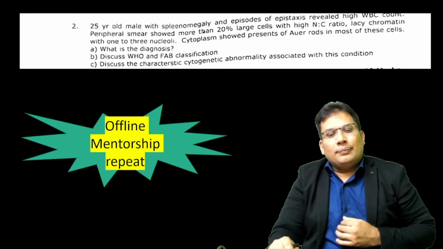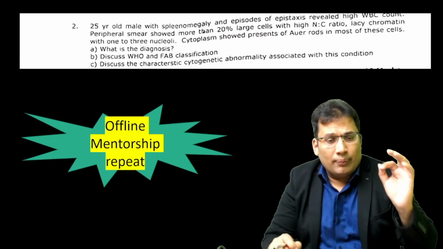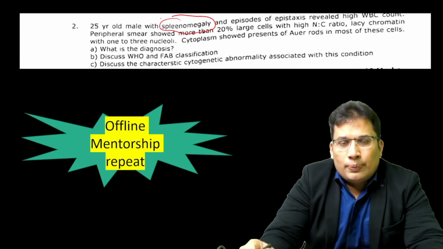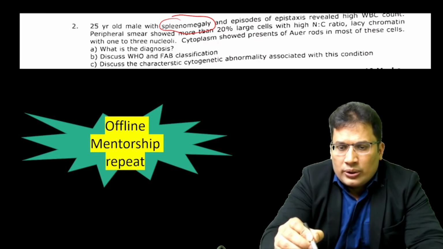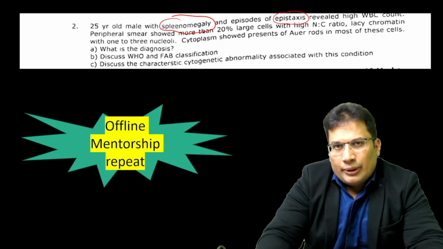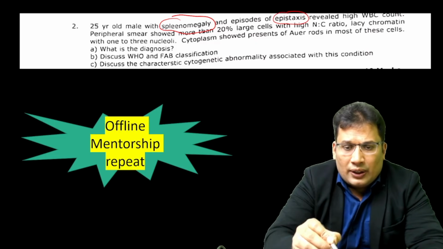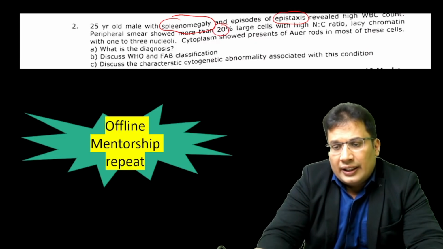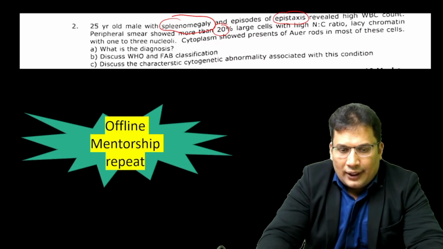The second question: a 25-year-old male with splenomegaly and episodes of epistaxis, the bleeding being because of thrombocytopenia, revealed high WBC count with more than 20% blasts with a high NC ratio, lacy chromatin with 1, 2, 3 nucleoli.